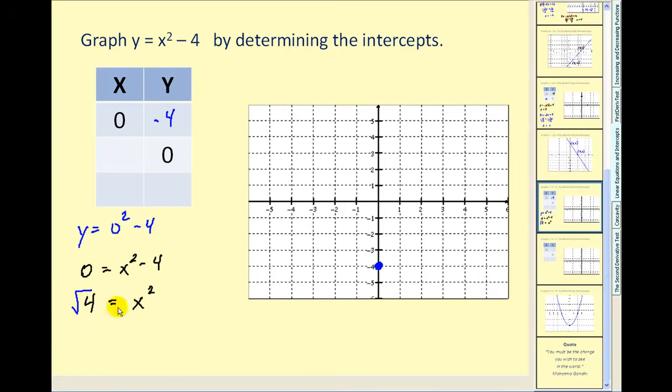We can take the square root of both sides, and what we'll find is x is equal to positive or negative 2. Remember, we had x squared equals 4, and -2 squared would also give us 4. So it looks like we have 2 x-intercepts: the point (2, 0) and the point (-2, 0).